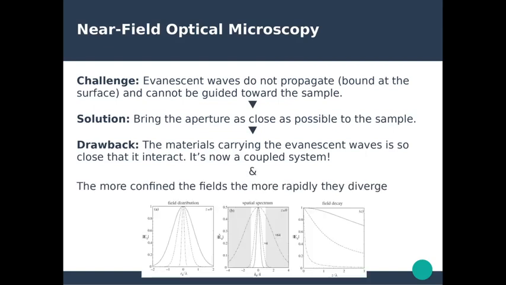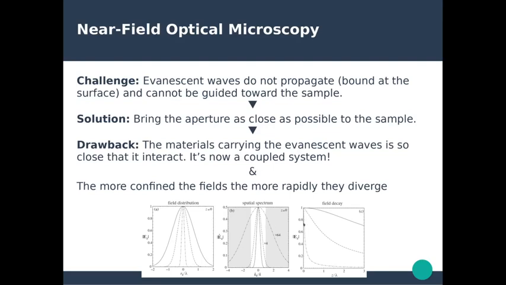The other thing which is also important is that the more you confine the fields, the more rapidly they diverge. So if you try to focus the fields in space, so this is the electric field strength distribution, and you try to get it to a smaller and smaller region, a smaller laser spot, then of course you're going to increase the spectral broadening, and increase more K vectors, which is good.